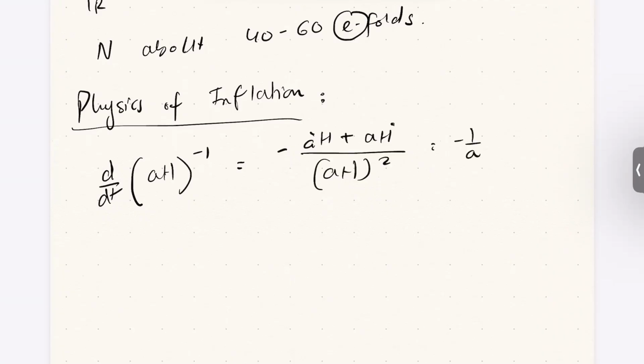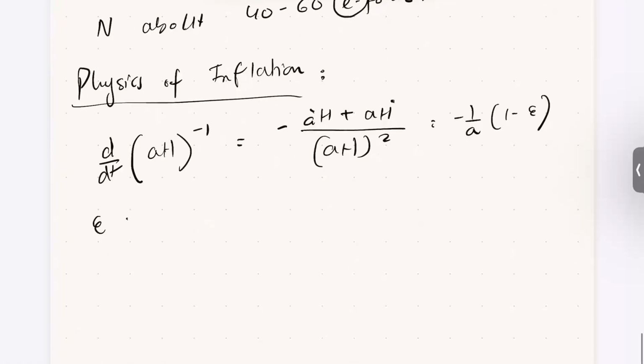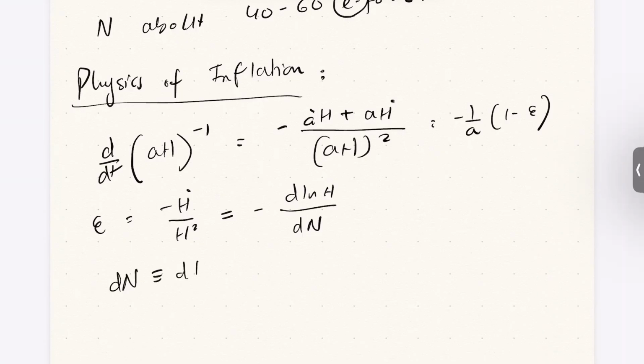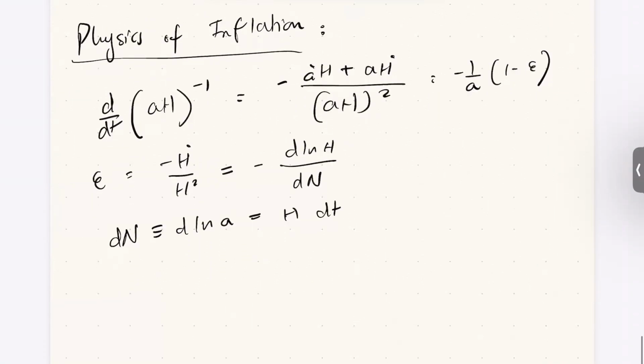Actually, not reparameterizing, but just making a substitution of sorts by epsilon, where epsilon I'm saying is given by the following, where I can now reparameterize this with the physical Hubble radius H and N, which is the number of e-folds. Remember, from here, dN is essentially just d ln a, which you can see will be equal to H dt. Now you can do the calculations later on.